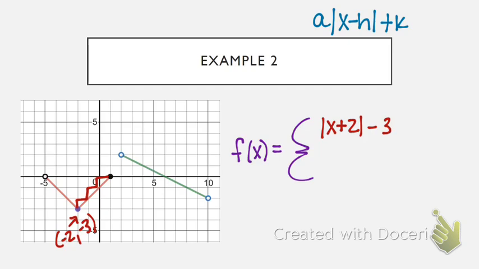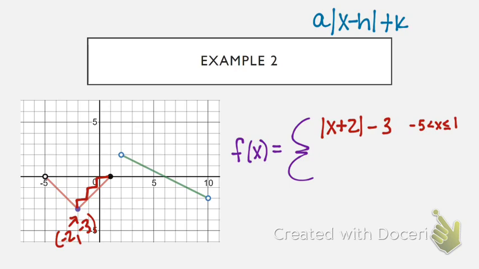So the absolute value does not apply everywhere. The absolute value starts at negative 5, and then it stops at 1. Negative 5 is an open dot, so it will not have a line underneath our inequality. The x value of 1 is a closed dot, so it will have a line underneath the inequality.